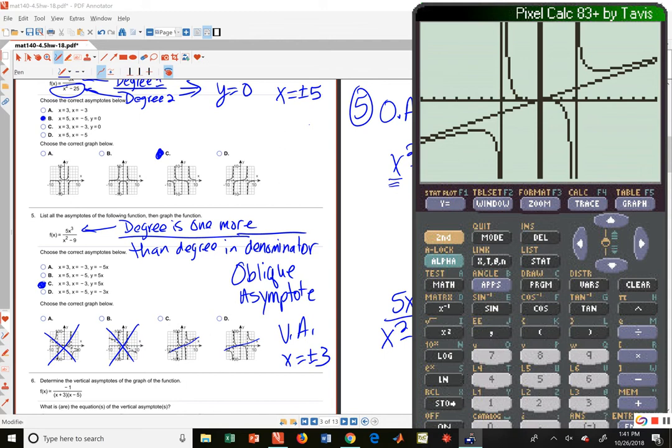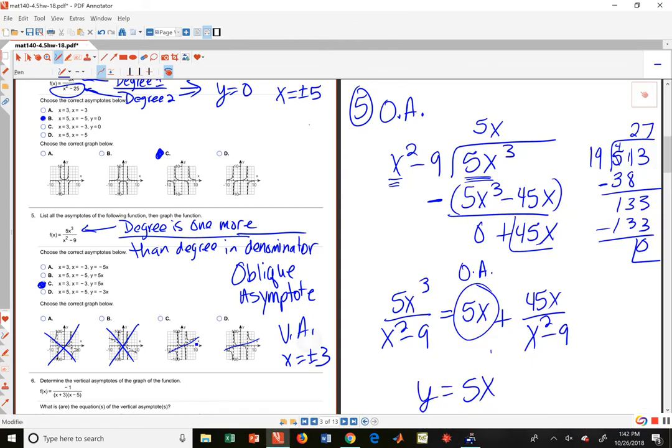Which one is right? I'm feeling it. I'm thinking this one, C looks a little too steep. It's a little less steep. This is a little too steep compared to that y range of 100.